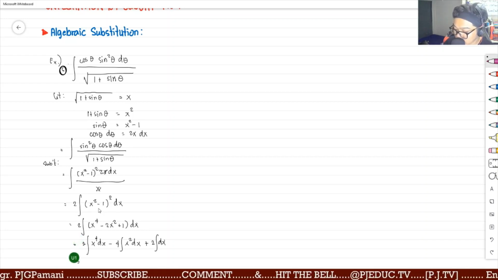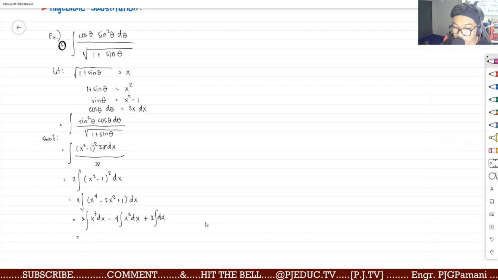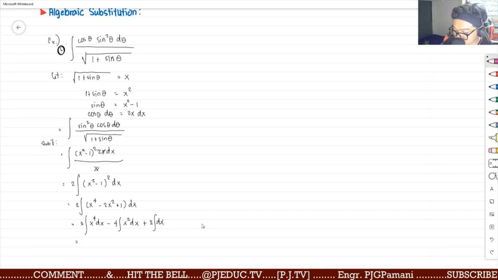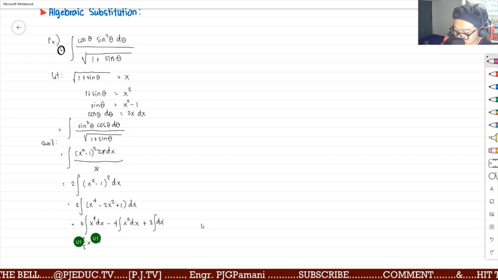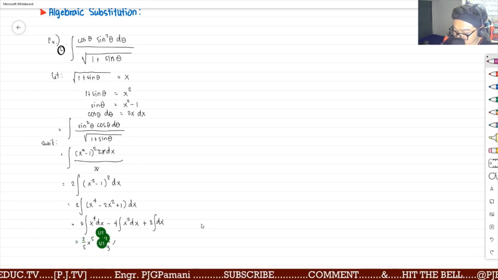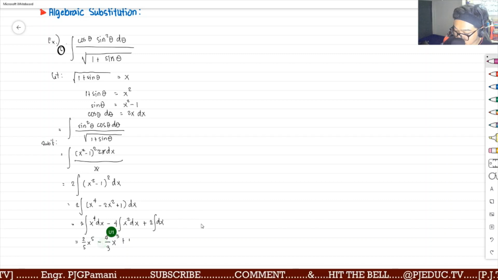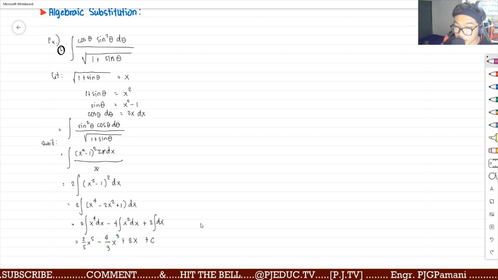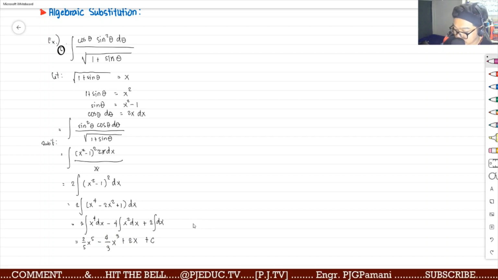By power rule, mag-add ka lang ng isang plus 1 sa iyong exponent. That is basically 2/5 of x raised to the 5 minus 4/3 times x raised to the 3rd plus 2x plus c. But that is not yet our final answer. Remember, this is a substitution.